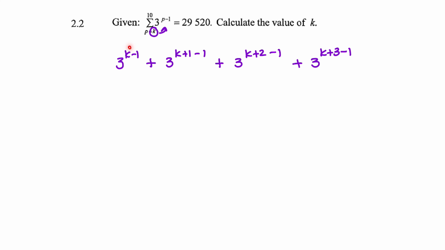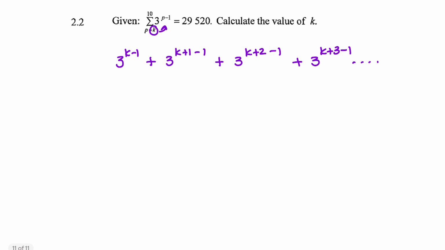So can you see, every time that I replace k, for the next term I simply add 1. And this continues all the way up until our last term of 10. So if I simplify this, I have 3 to the power of k minus 1 plus 3 to the power of k plus 3 to the power of k plus 1 plus 3 to the power of k plus 2.